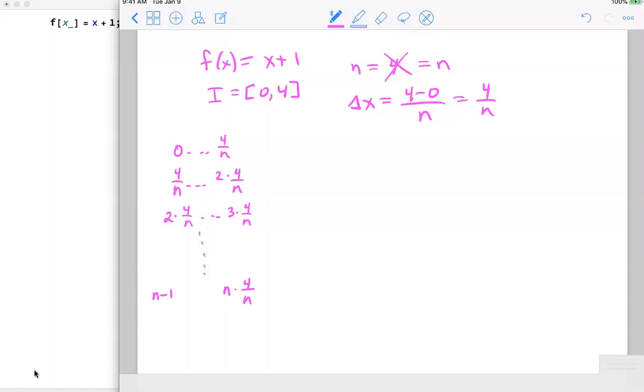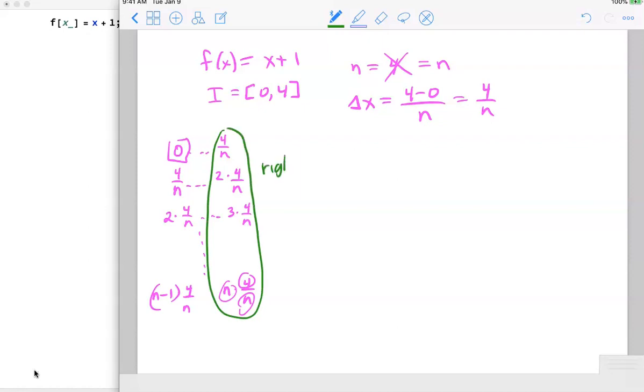And then n minus 1 times 4 over n. Right? And so the n divided by n right here cancels and you're left with 4, and you started at 0. So now the easiest thing to do here is to choose the right endpoints. Again, let's choose right endpoints.